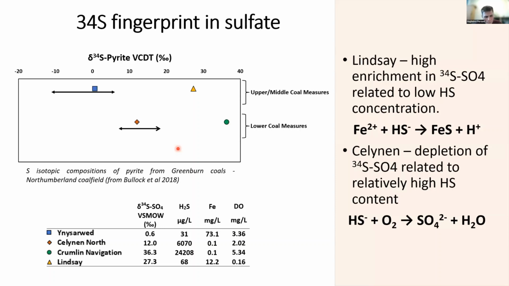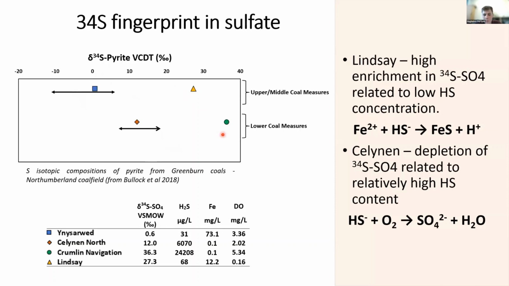Okay, so again, we find that we have two sites where the origin of the sulfates may be assumed to be just from pyrite oxidation without any other sulfate reduction.